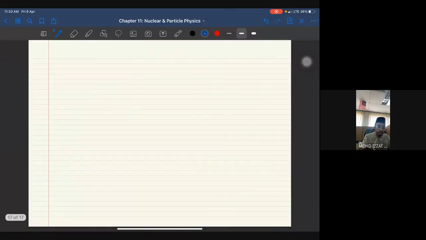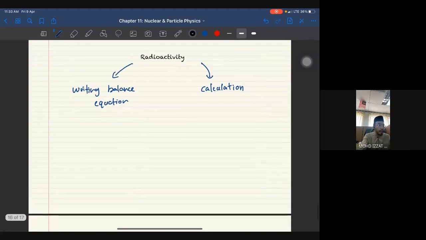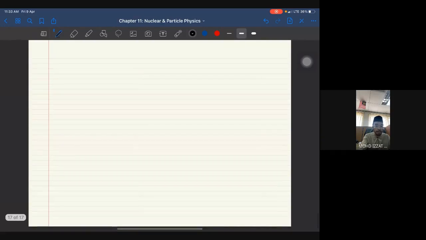Okay, to understand or to write an equation, you have to identify the type of decay first. So for your syllabus, kita ada 4 types of decay. Okay. Number 1 is what we call alpha decay.